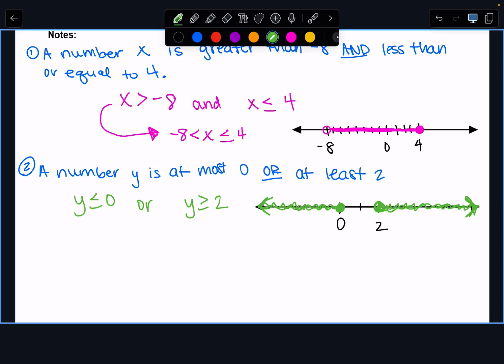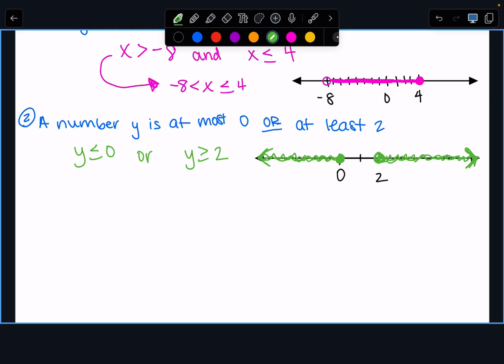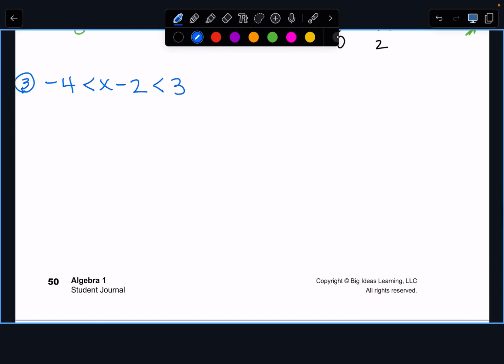Okay. All right, so now let's talk about what it looks like when we have to do some algebra. Love me some algebra. Okay, so write this one down. Okay, so weird.